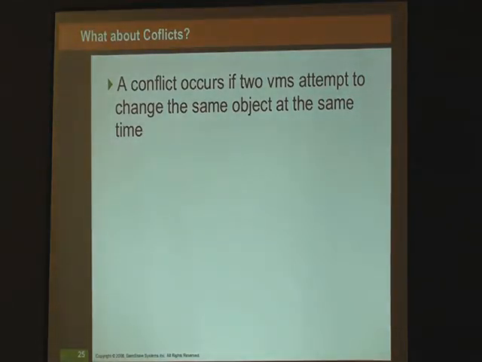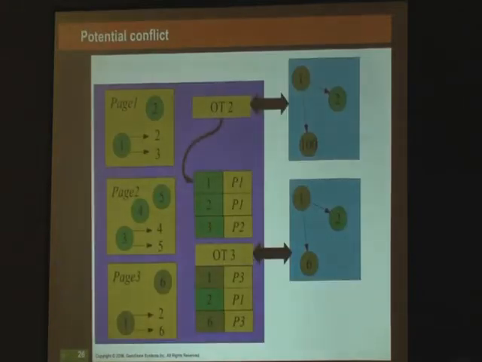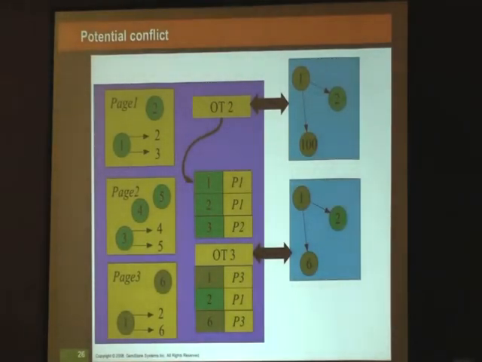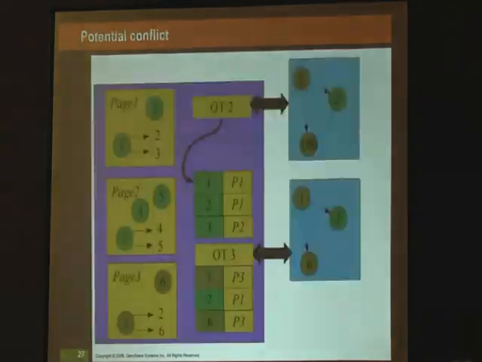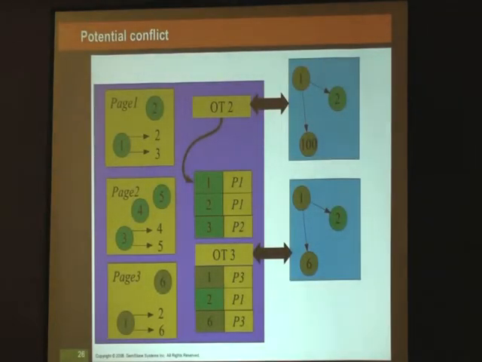So you can imagine that if a bunch of VMs are making changes to the shared object space, and they do commits, there will be collisions, and those are called commit conflicts. And I'm going to show here a potential conflict. We've got object table 2, the top VM changed object 1, and the bottom VM also changed object 1. So on commit, one of these guys is going to lose.